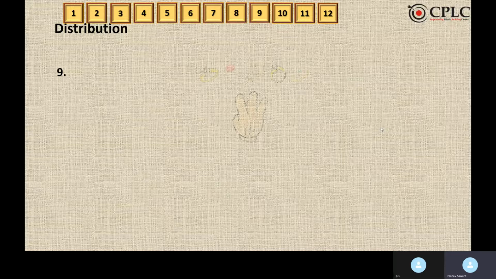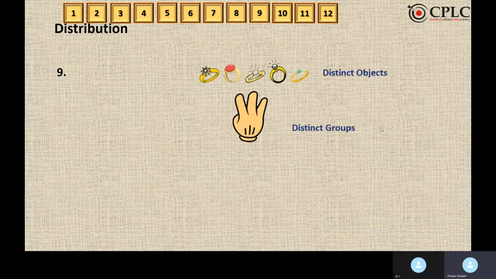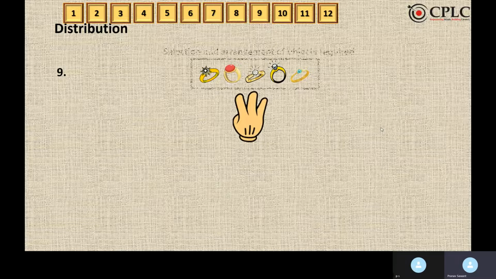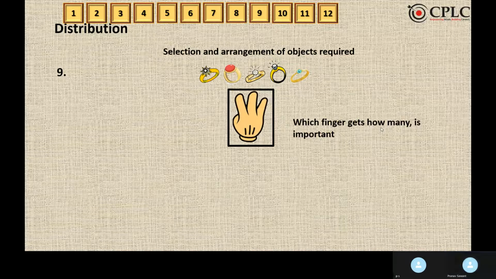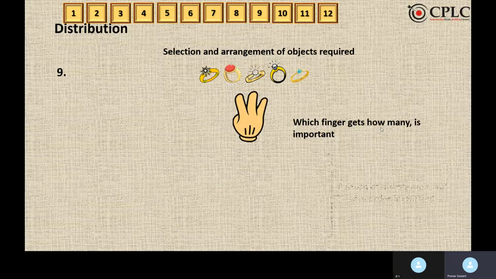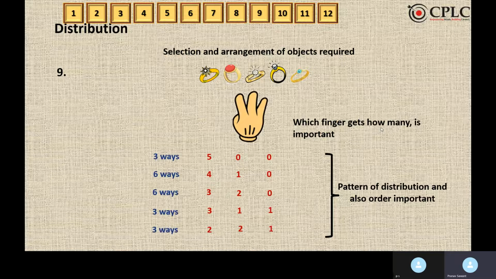Let's start with the ninth solution now. Distinct groups and distinct objects: 3 different-looking fingers, 3 different-looking rings. Selection and arrangement of objects is required. Which finger gets how many is also important, and order is important. We have already seen the pattern of distribution and the number of ways.